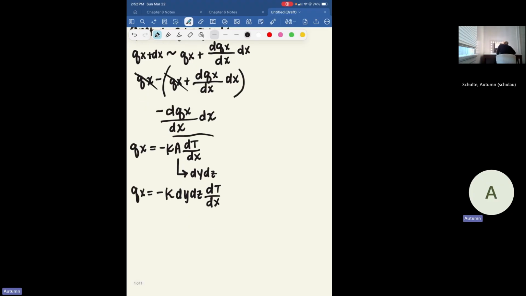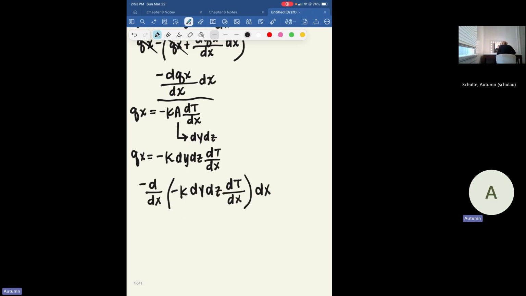Now we can substitute that in up here. We're going to have negative the derivative with respect to x multiplied by the negative thermal conductivity multiplied by dy times dz times the derivative of the temperature with respect to x times dx.